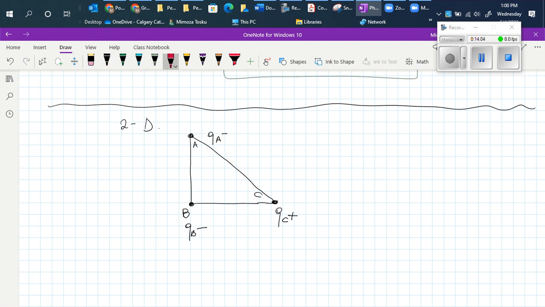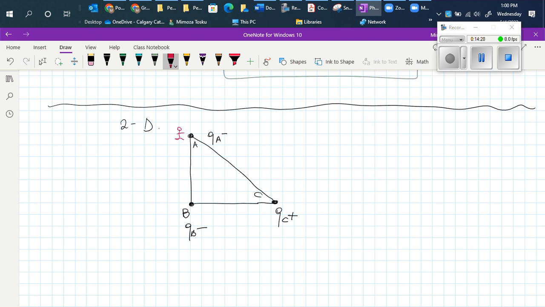Then you will step in at the charge of your interest, at the object of your interest, and then you will take the charges one by one in relation to your charge of interest. So you will say, between A and B, what is the nature of the electrostatic force?